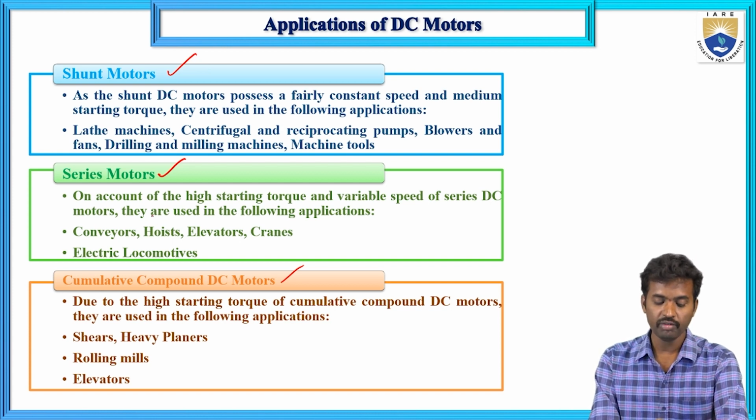First, shunt motors are used in lathe machines, centrifugal pumps, reciprocating pumps, blowers, fans, drilling machines, milling machines, and machine tools. Why do we use shunt motors? Because of their fairly constant speed and medium starting torque.